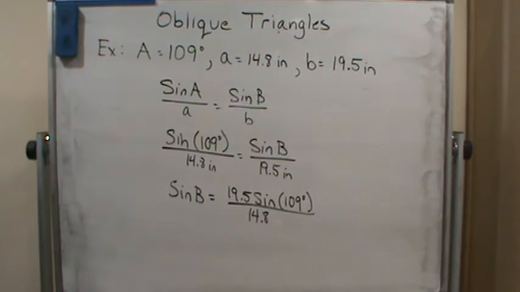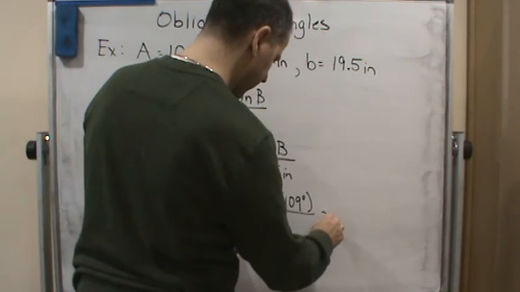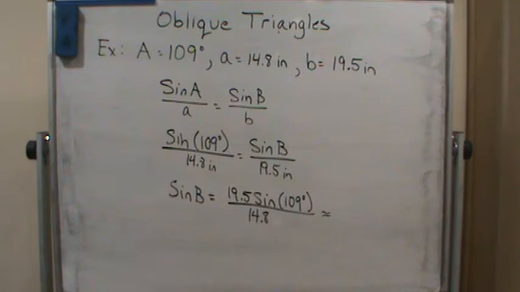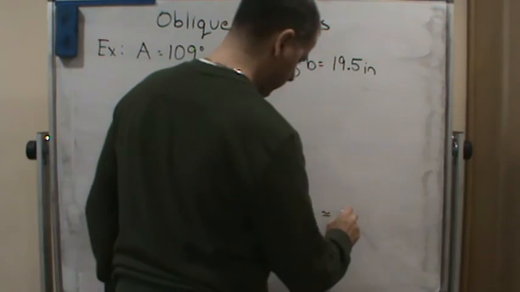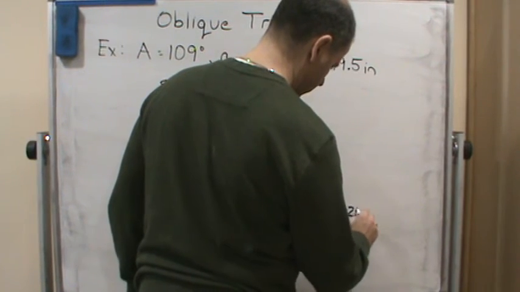Okay. Now, if I plug this into my calculator, that's easy enough. Here's what I get. I get sine of B is equal to approximately 1.25. Okay.